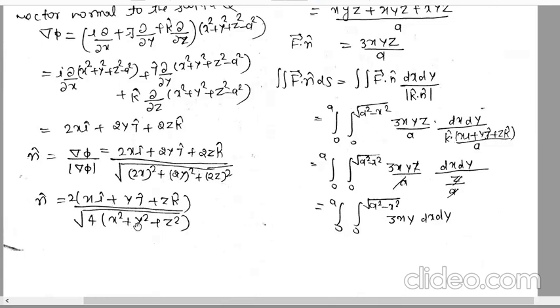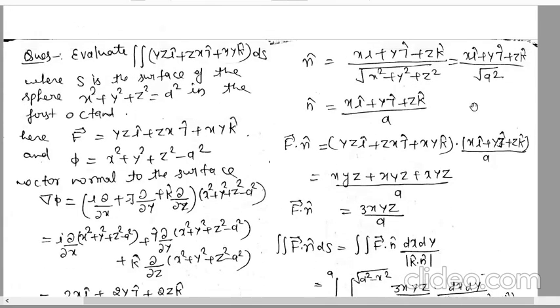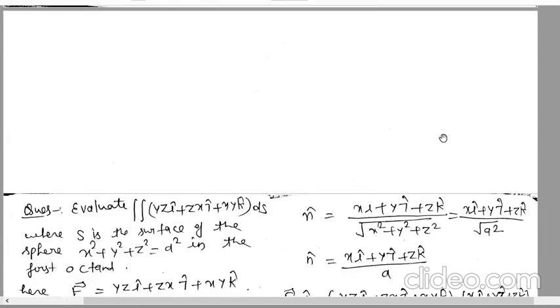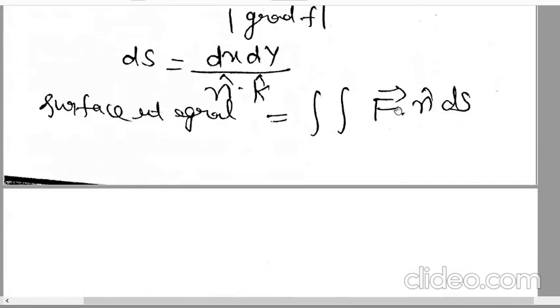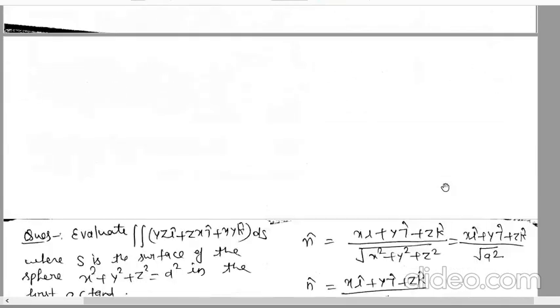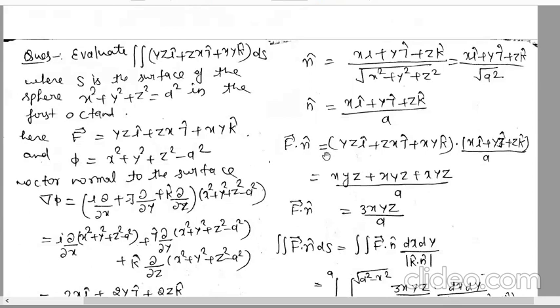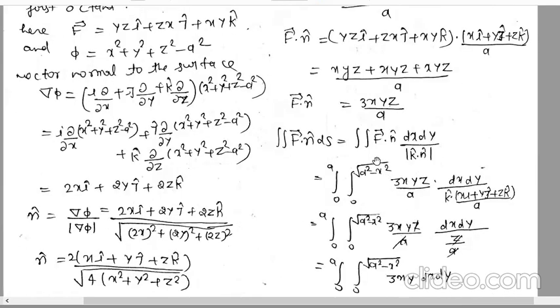We know that 4 is common, so x square plus y square plus z square you can write as a square. So the 2 cancels out, and a will be outside. So your n cap is (x i plus y j plus z k) upon a. Now, the second thing we need to calculate in the surface integral is F vector dot n cap. So your F vector dot n cap is 3xyz upon a, right?